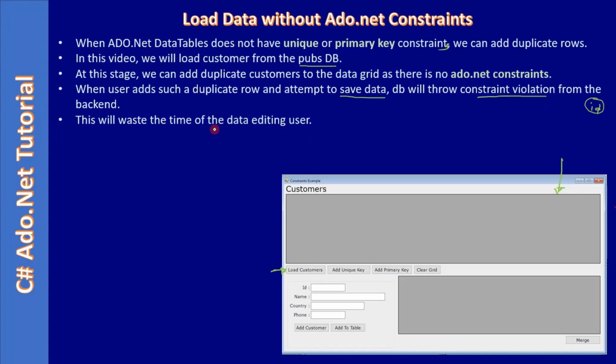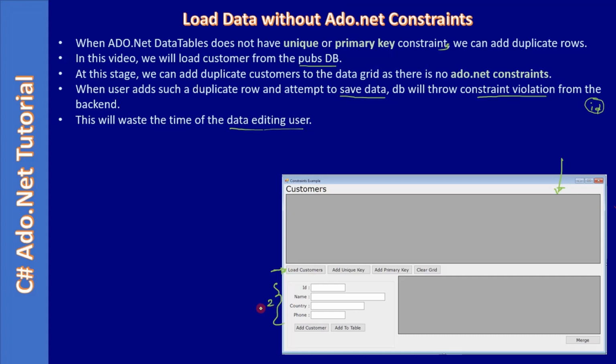So this will waste the time of the data editing user. Let's assume that user added the data through these grids, or through these controls. Let's say that they added 4 or 5 data. That may take some time, right? Let's state that it took almost 2 minutes.